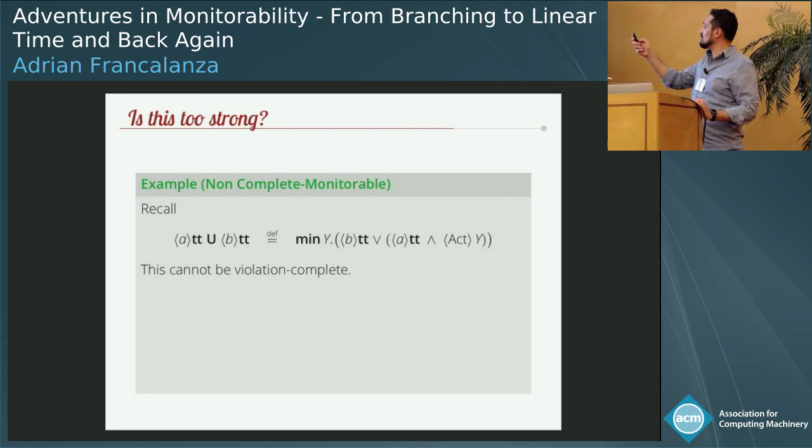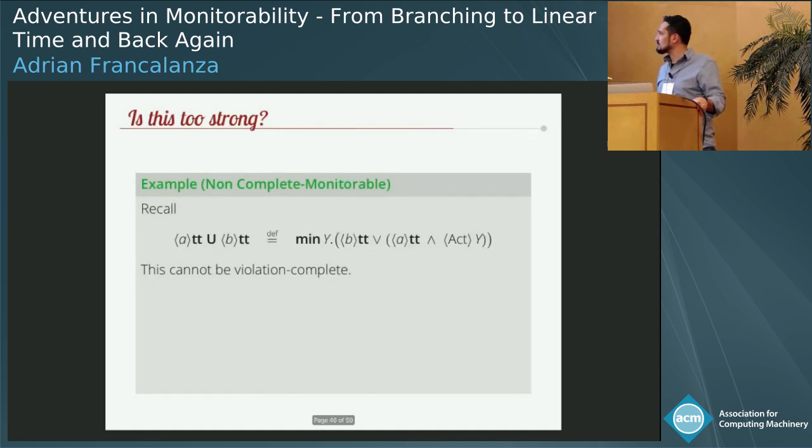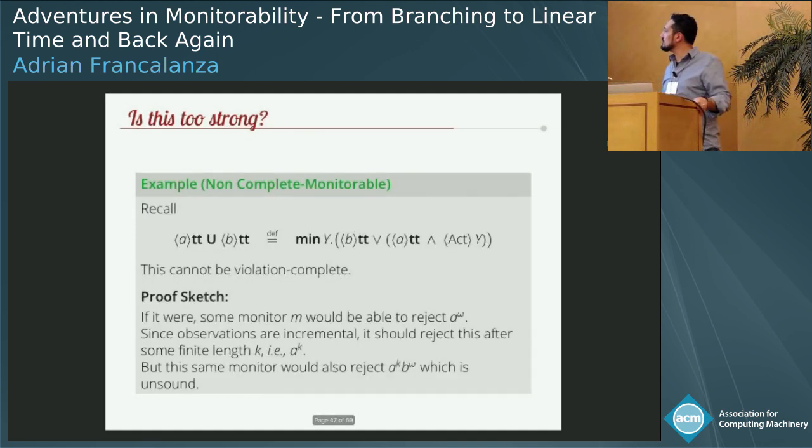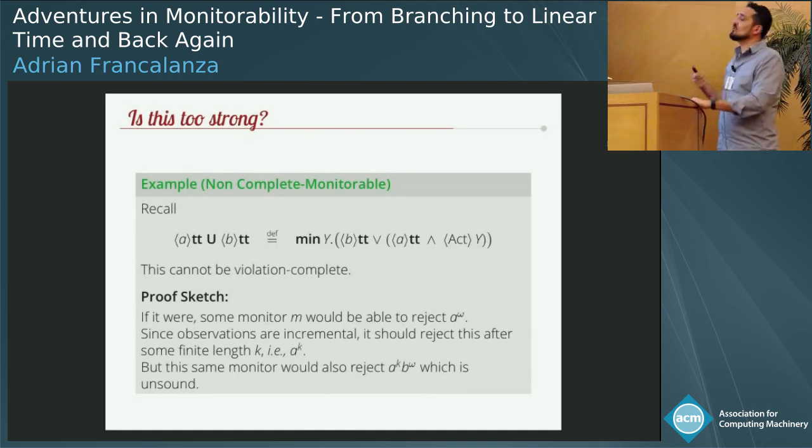First of all, if you consider the encoding, immediately you obtain something that uses the minimal recursion operator, so it's something that is not in HML. And actually, you can also give an intuitive reason why this would not be monitorable in our setting.